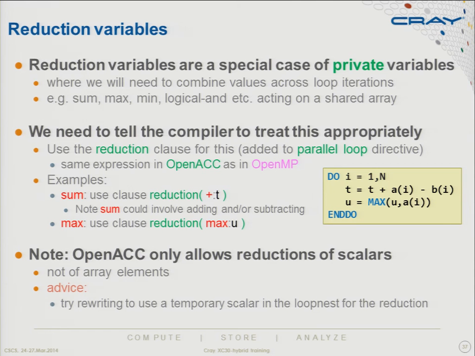If you're just adding up, the reduction is plus. Actually, for subtraction, the reduction is plus as well. If it's a maximum, you have to tell it that the reduction U is a reduction variable of class maximum, and that tells the compiler what to do. You can only do reduction of scalars and not of array elements. If this is a problem, maybe use a temporary scalar, but that's something in OpenACC.